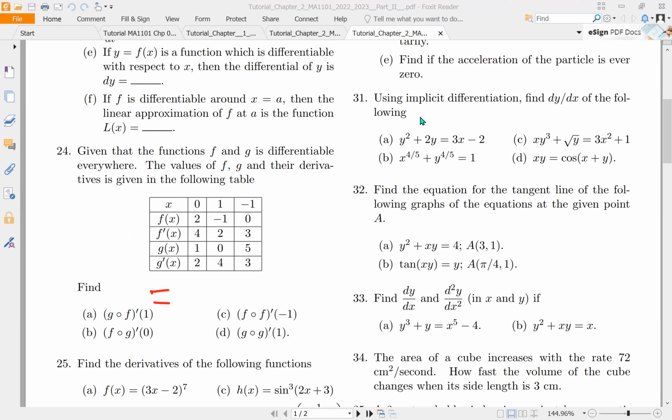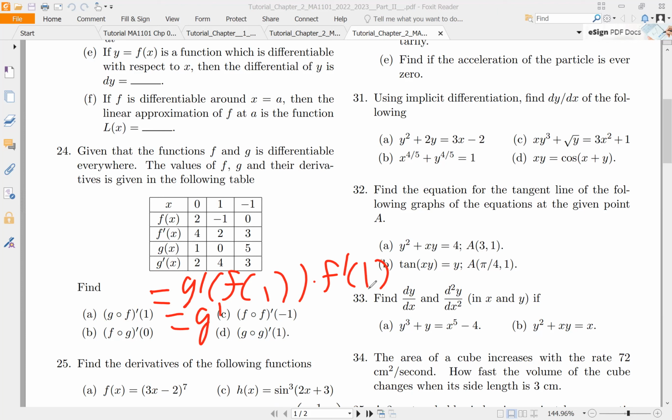For example, the derivative of g circle f will be g' evaluated at f(1), multiplied by f'(1). And in this case, for g'(f(1)), you have to calculate the value of f(1). From the table, f(1) is -1.